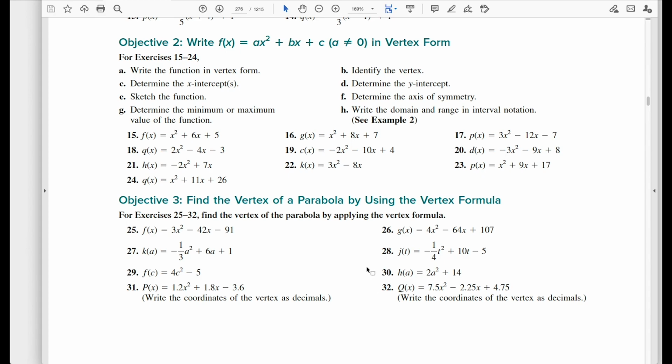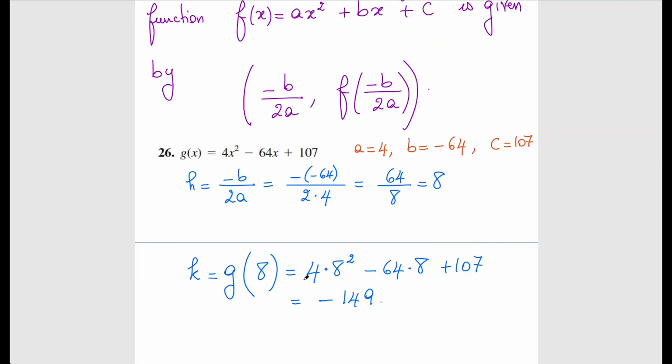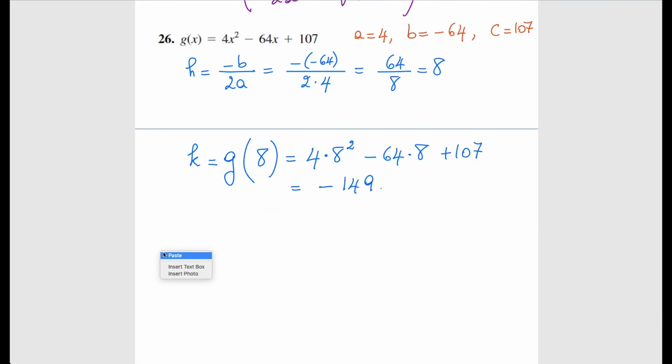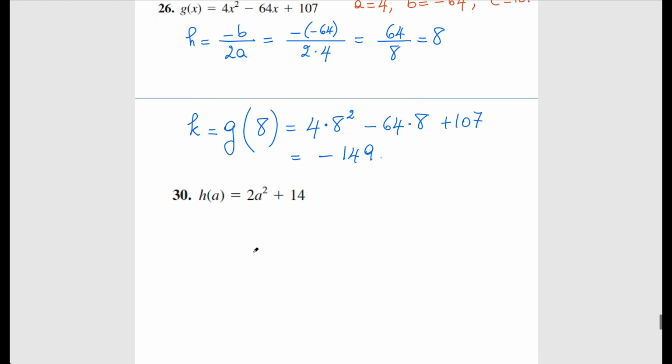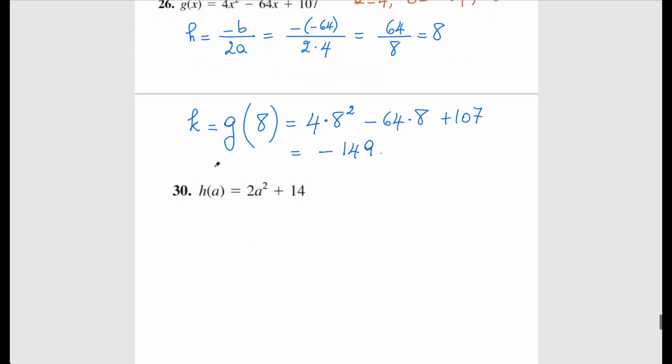How about we do 30? Same question. Let's do 30 now. So we need to find, okay, the name of the function here is h, but it's different than the h we're talking about, right?